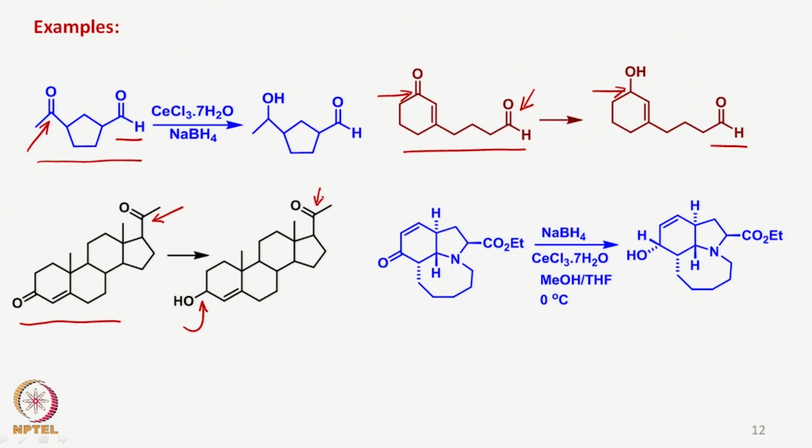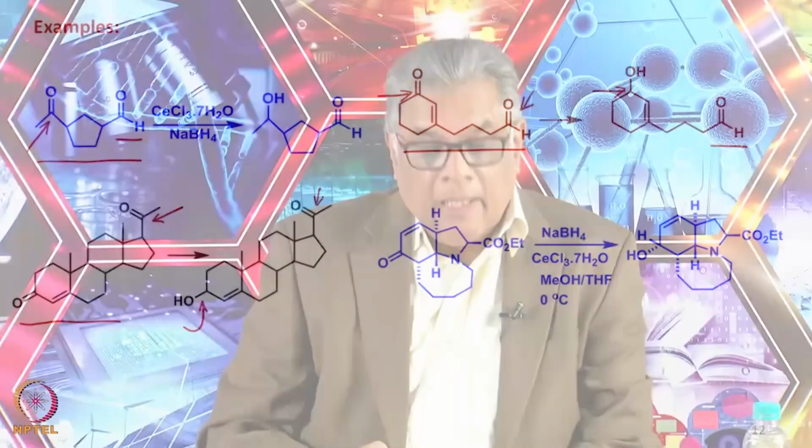Again we can think in the same fashion that the saturated ketone here is more electrophilic in nature, whereas the enone is less electrophilic because of the double bond, and exactly on the basis of the larger Lewis basic character of an enone oxygen versus a saturated ketone, the reduction of the enone occurs.